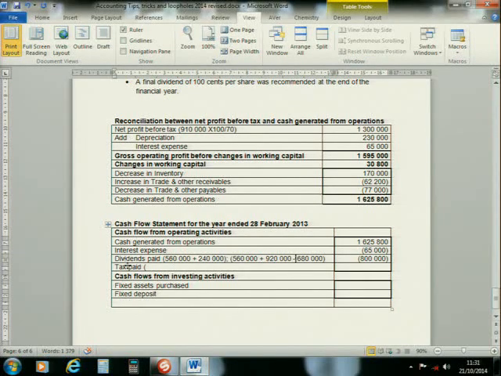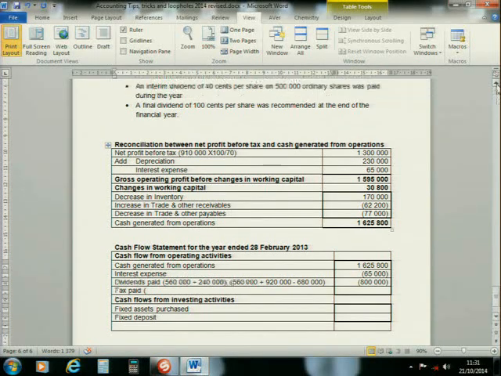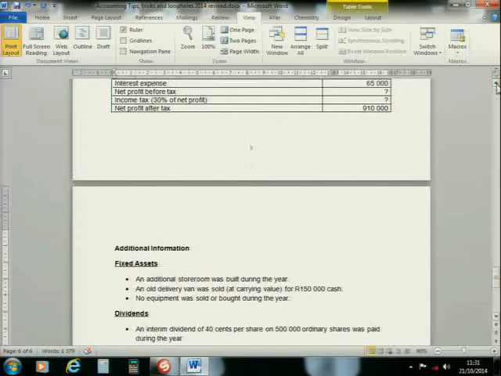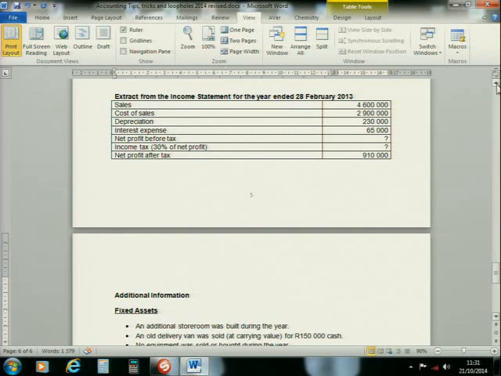Let's get to tax paid. Let us take first the tax for the year. It's 30%. We've worked it out. It's 30% of 1.3 million, which is 390, isn't it? We worked it out during our calculation.